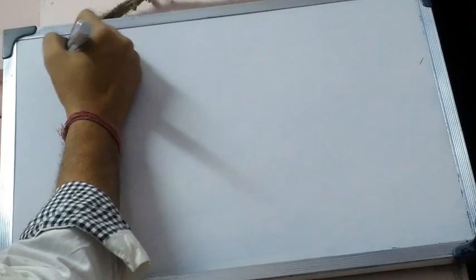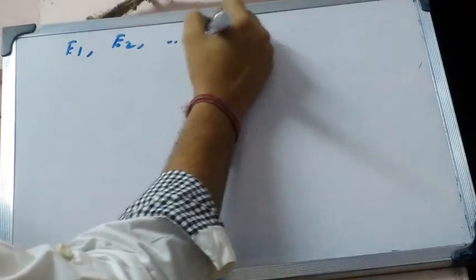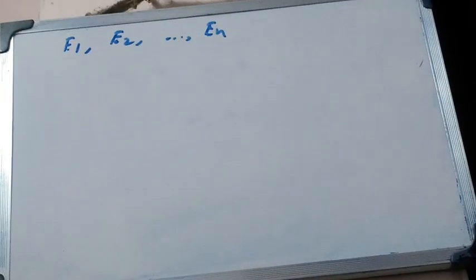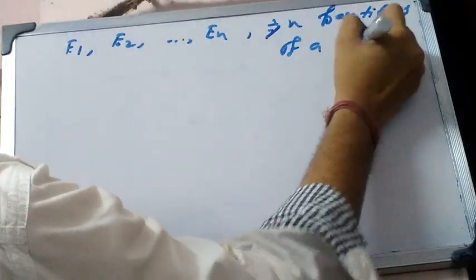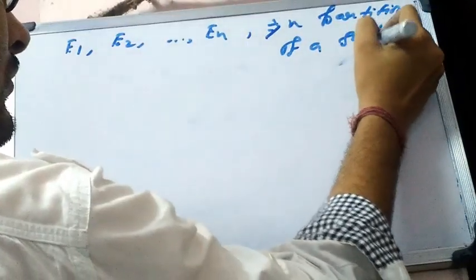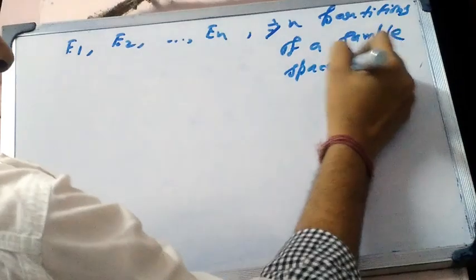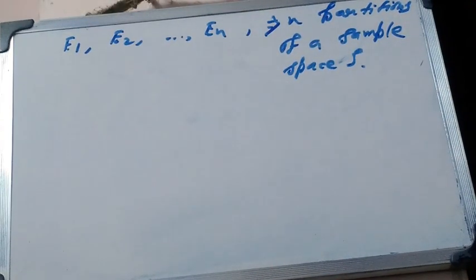Let E1, E2 up to En be n partitions of a sample space S, which is connected to a random experiment R, if they satisfy the following conditions.